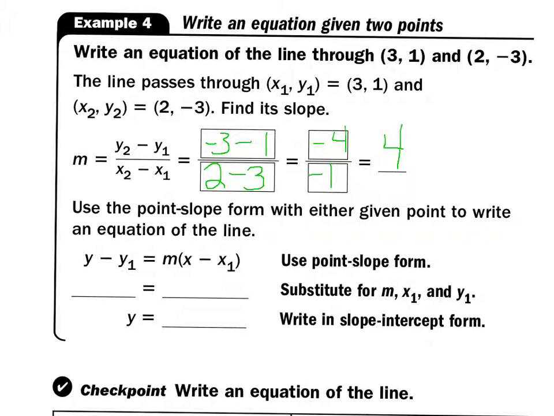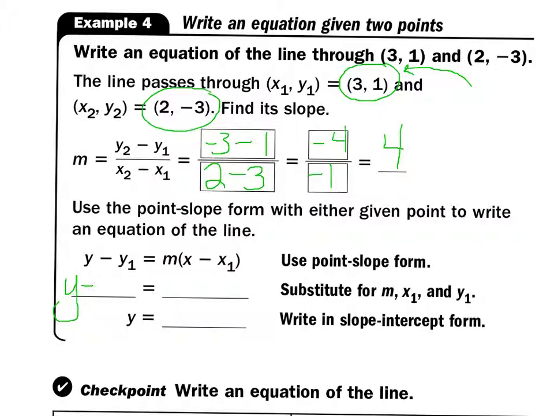I'm going to put it back into my point-slope formula. Y minus y1. Now it doesn't matter again which one I use. So out of these 2 points up here, which one is easier to use? Well, probably my positive points. Positive is just always nice.